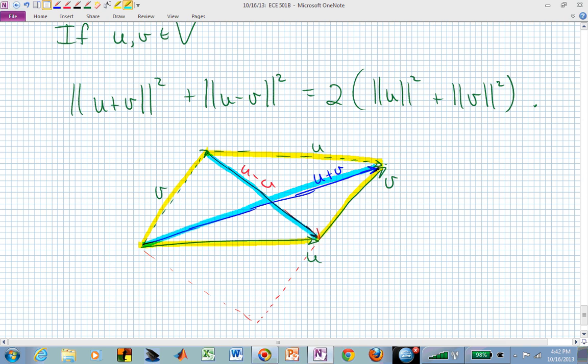That's what we're saying in this parallelogram equality. The norm of u plus v squared, plus the norm of u minus v squared, is equal to u squared plus u squared plus v squared plus v squared.